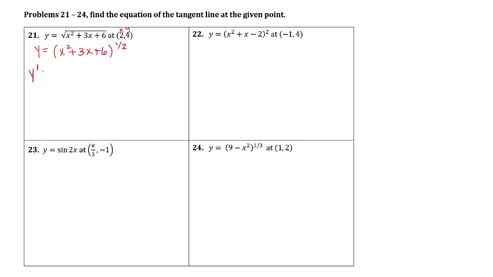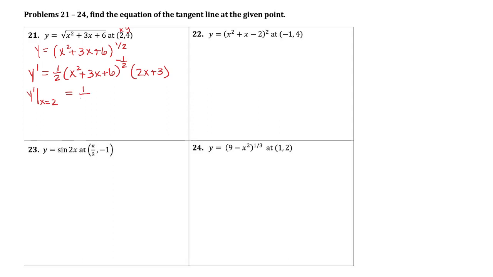So y prime equals, we're going to have 1/2. So again, we're doing the derivative of the outside, and then times the derivative of the inside. And this is a great illustration of why we say never ever simplify anything, because now we're going to go and we need to find y prime when x equals 2.